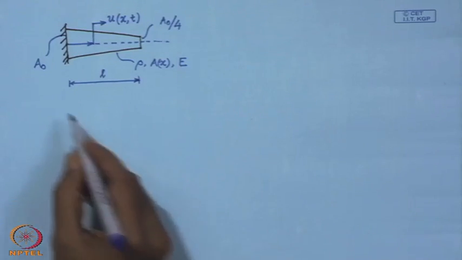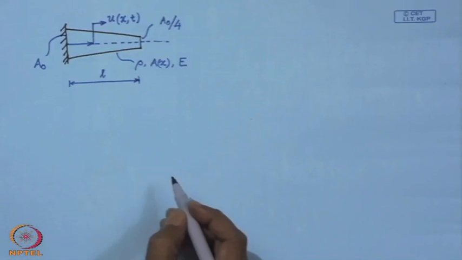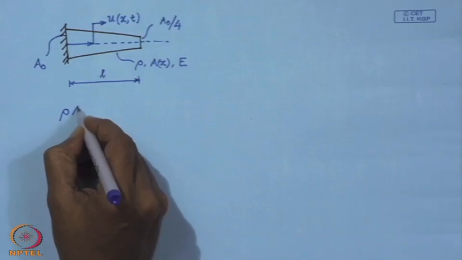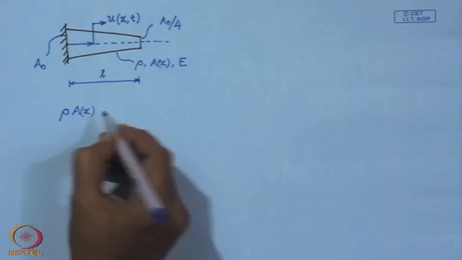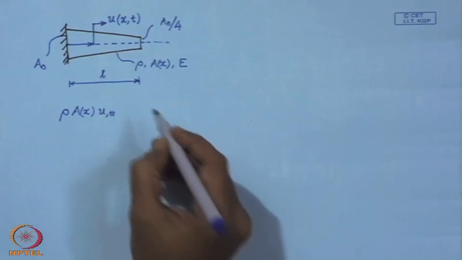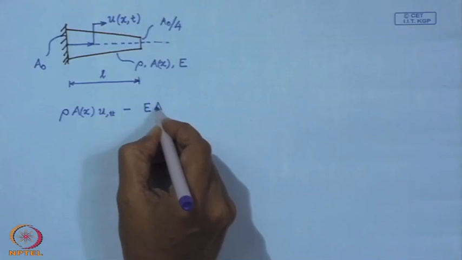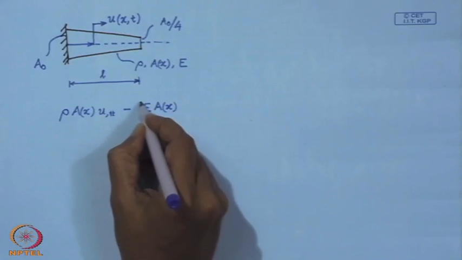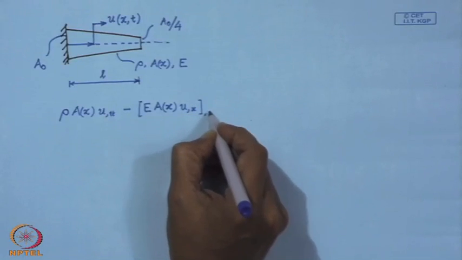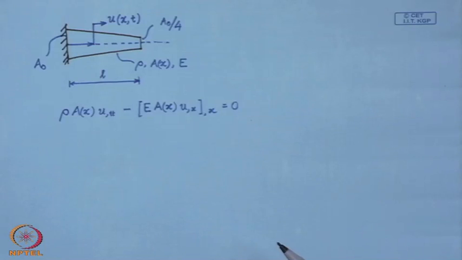So, the equation of motion of axial vibrations of a bar of variable cross section may be written as this.